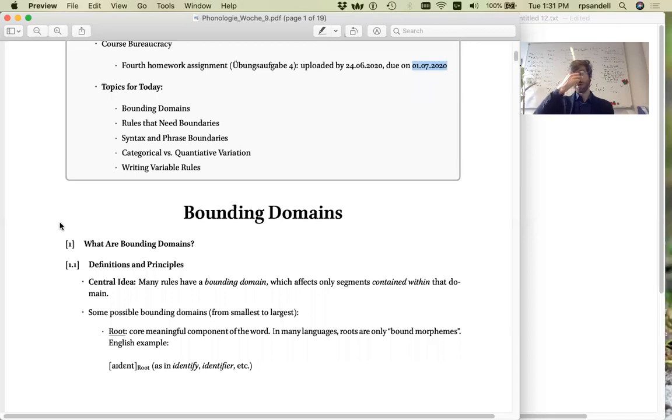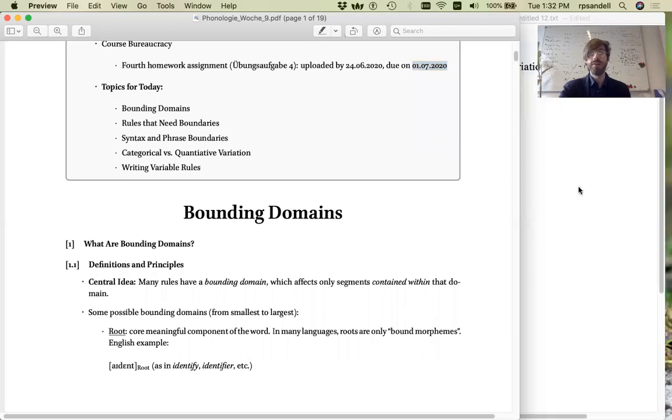Thus far, we mostly have always just been looking at segments, and we see if the local segmental contexts, or in the case of a few rules, a non-local segmental context in instances of, say, vowel harmony that we've discussed, if those contexts are met, just looking at the segments, the sounds that we can transcribe using the International Phonetic Alphabet, then the process applies.